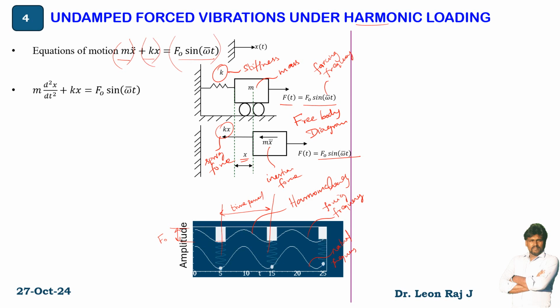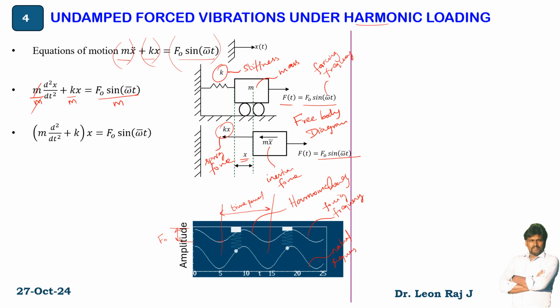It can be rewritten as m d square x by dt square plus kx equal to F0 sin omega bar t. Here the whole equation is divided by m, and you get F0 sin omega bar t by m.